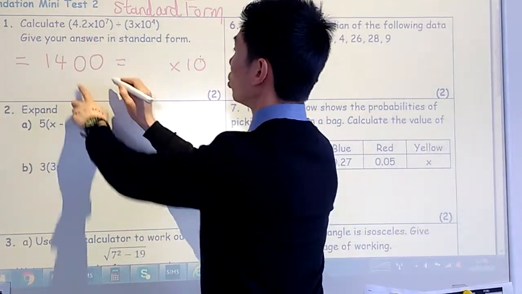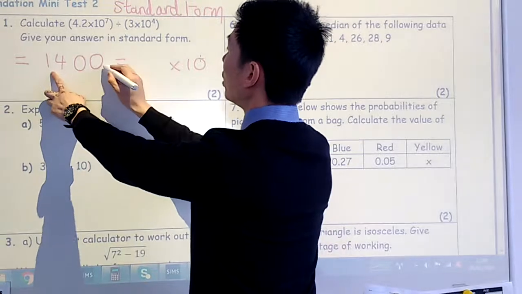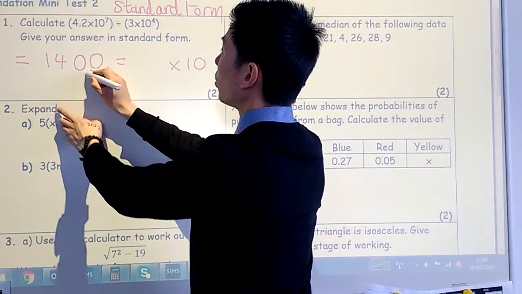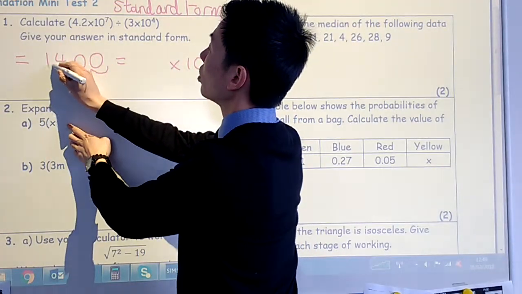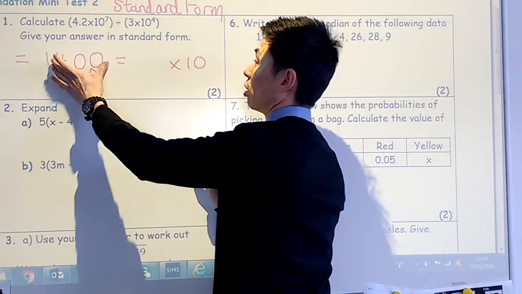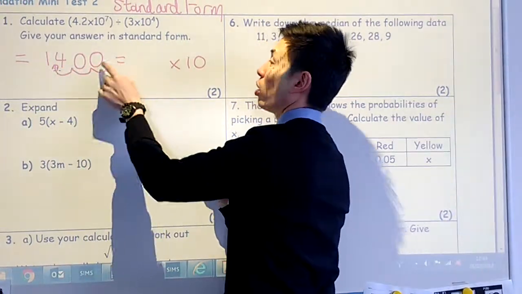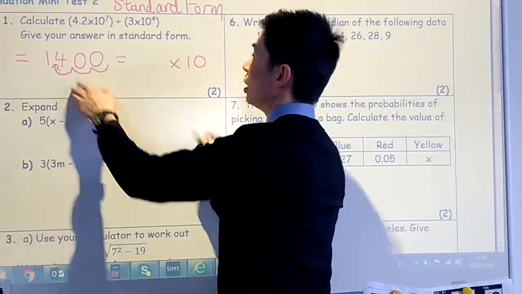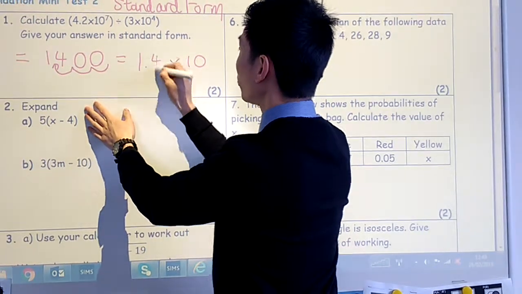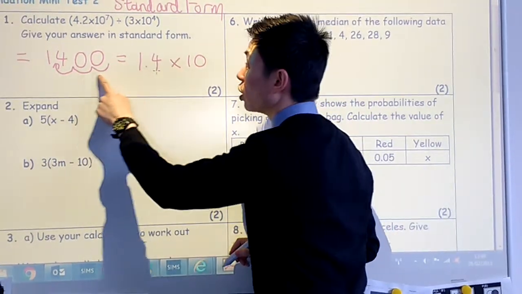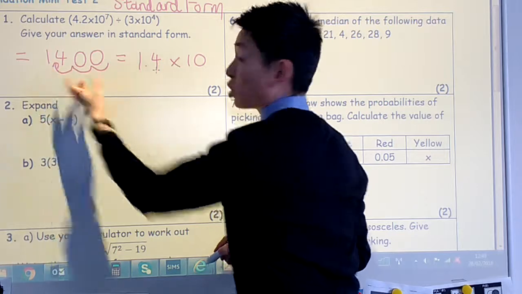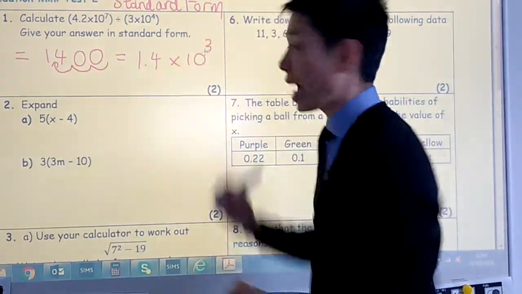So therefore, to make this number between 1 and 10, you would want the decimal point to move to the left. So you should be using 1.4. How many places you move to the left, which is 3, is what you put in the power.